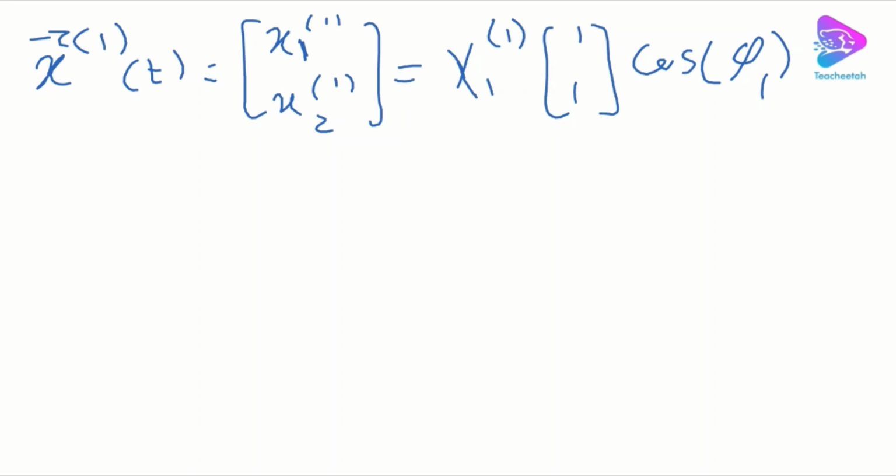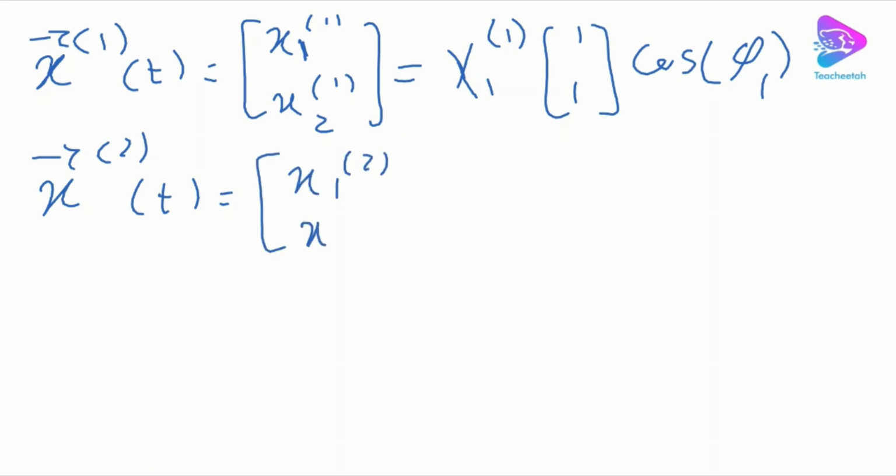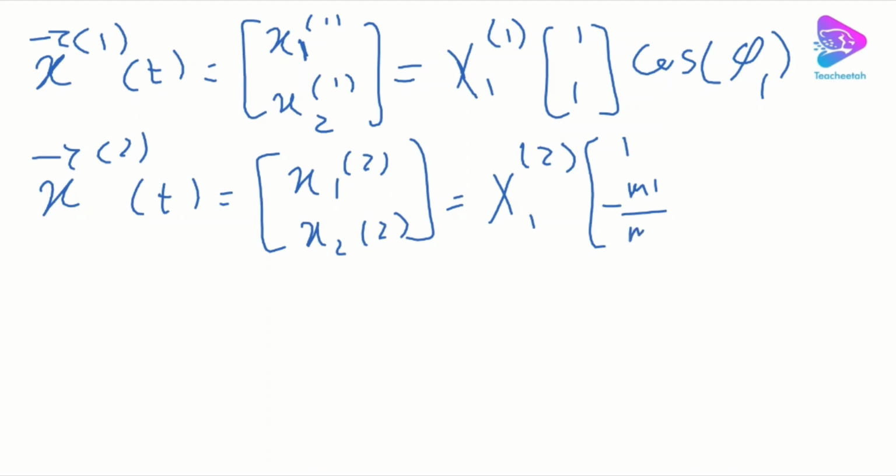So what's next? We get the second mode, x12 and x22, which are little letters, meaning they are functions of time, equal to x12 times (1, minus m1 over m2) cos(omega 2 t plus phi 2), because omega 2 is not 0, right?